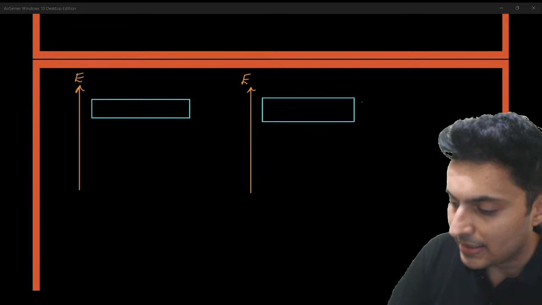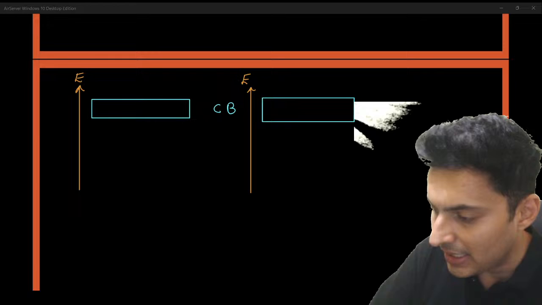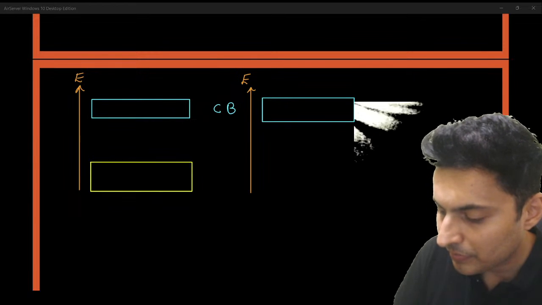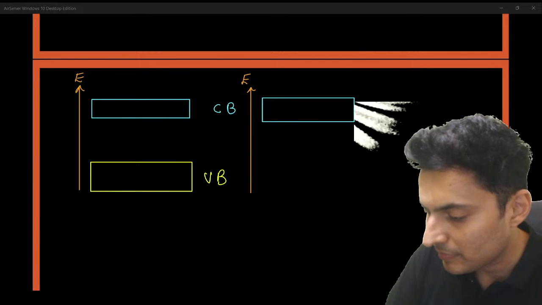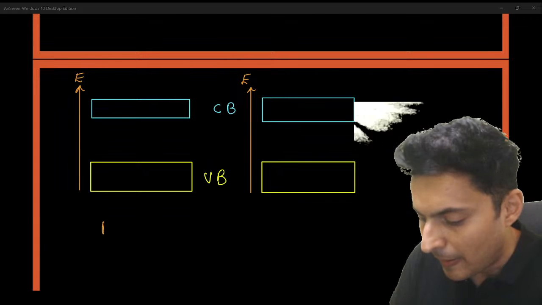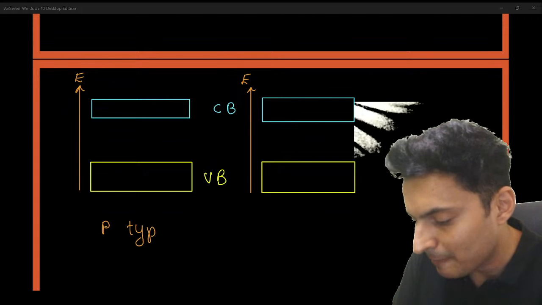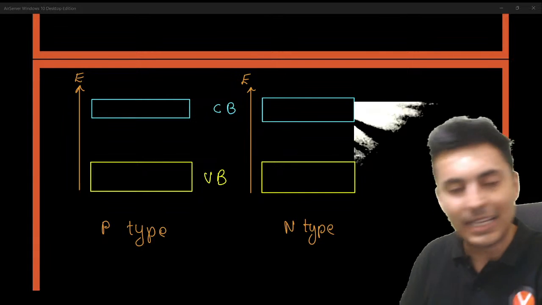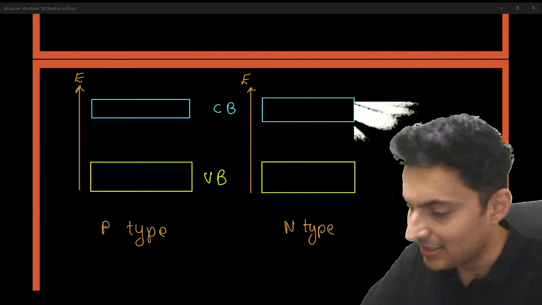Let's say this is your conduction band, and this is your valence band below. If you compare p-type and n-type semiconductors, what is the difference?